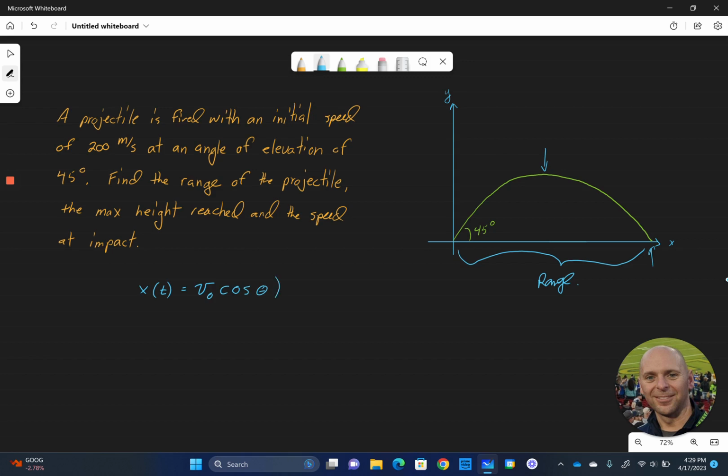So this is the horizontal, and y of t then will make the vertical component, and that looks like v0 sine theta times t minus 1/2 gt squared. That's our vertical.